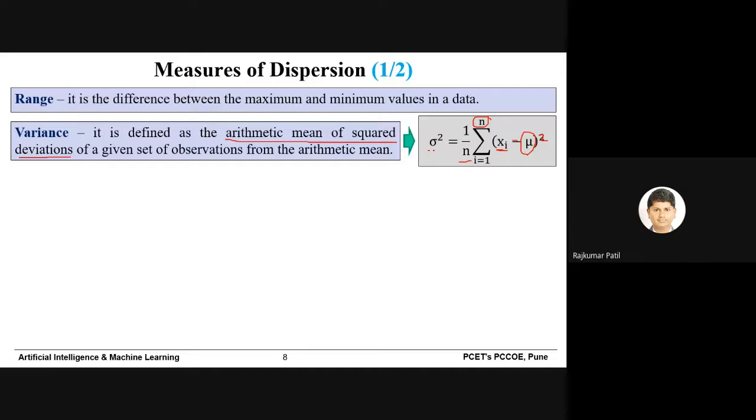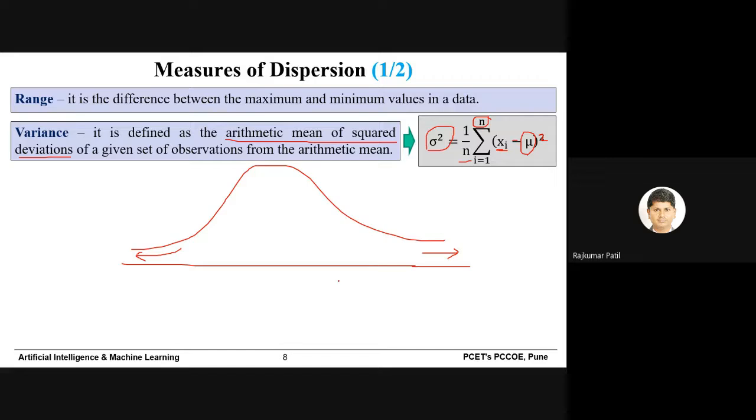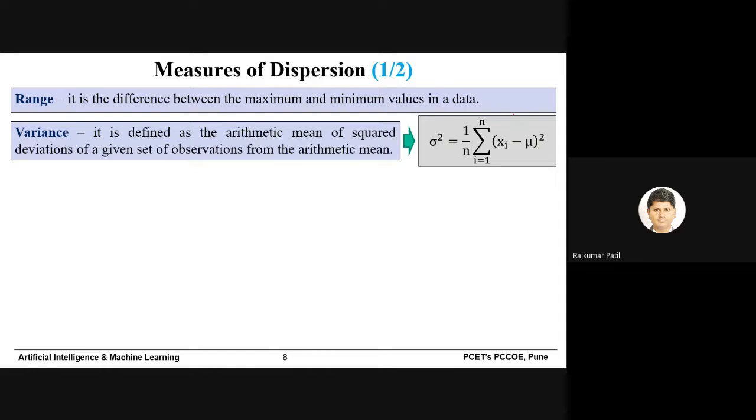So it is called variance. This variance again talks about the distribution of the data. This is the extreme point and this is another extreme point of the distribution. In order to quantify this spread of the data, variance can also be used, and this is the typical formula that is used.